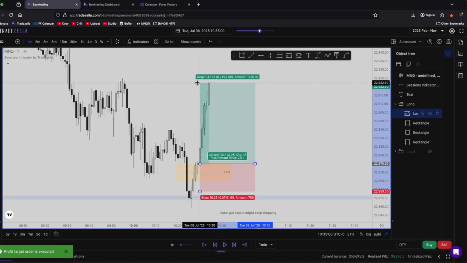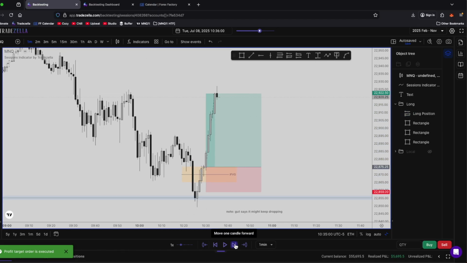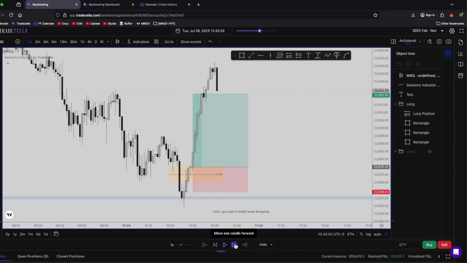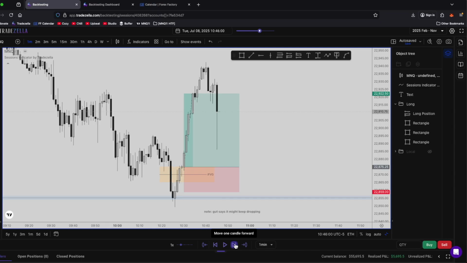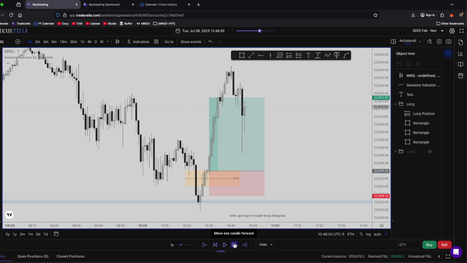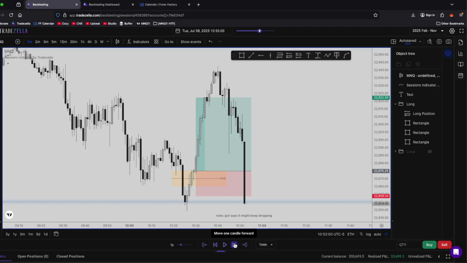This is one of those trades where I probably could have held it for more and just trailed. Let's see. Yep, look at that. We'll print some more candles. And look at that. So off sides.